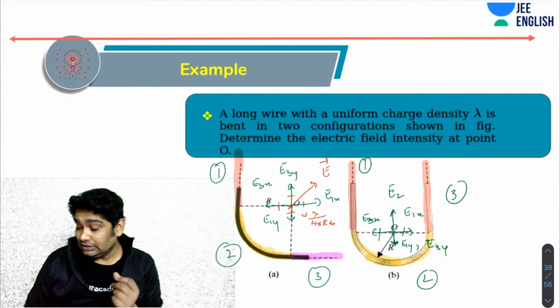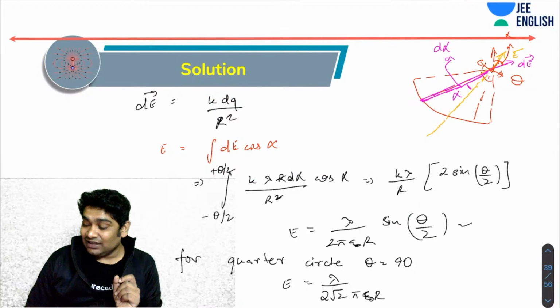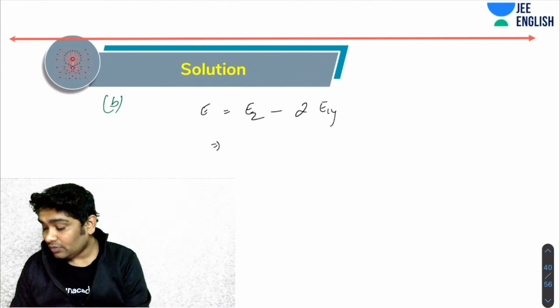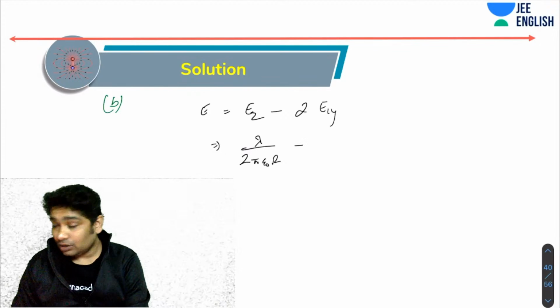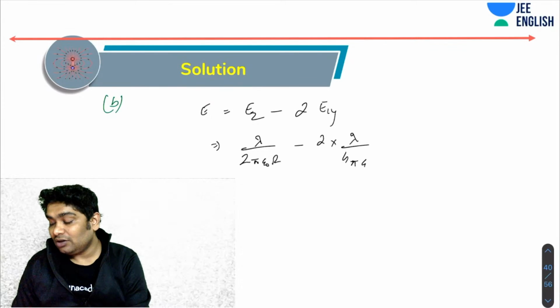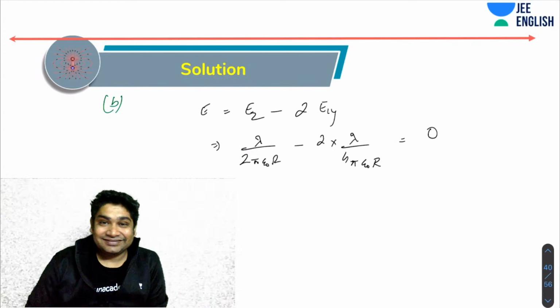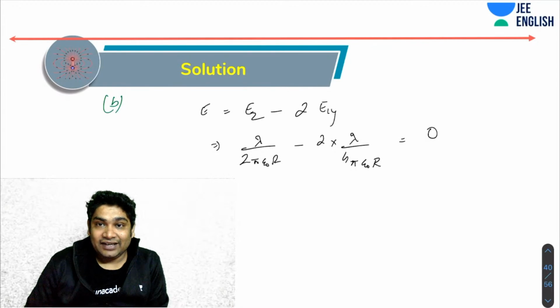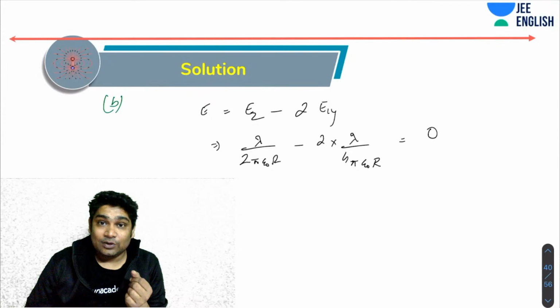Theta is now 180. So if I put in this equation theta as 180, what am I getting? Lambda over 2 pi epsilon naught r minus 2 times Ey. Ey was lambda over 4 pi epsilon naught r. So I'm getting 0. Okay, so that is a very, very interesting result. Here the electric field is 0.